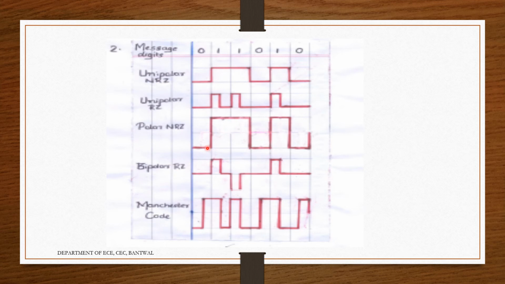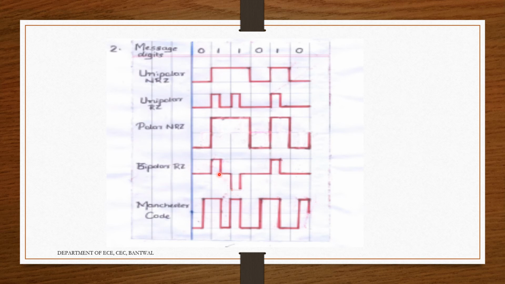Next for polar NRZ, for the 0 -1, +1, next again 1 1 0, +1 1 -1, again for 0. Then bipolar RZ, first it will become 0 for 0, but for 1 the first 50% will become 1, next again it will become 0.